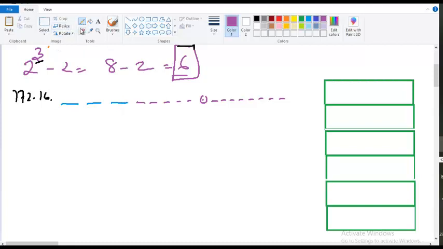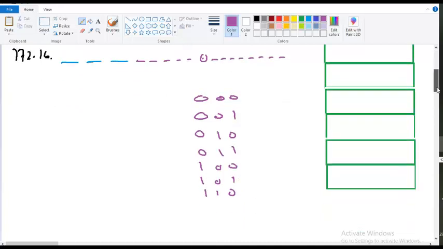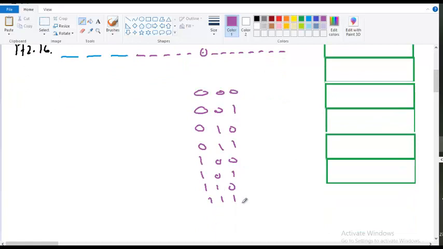Now, when you have 3 bits, what are the different combinations, probabilities? We may have all 3 bits 0, then 0 0 1, 0 1 0, 0 1 1, 1 0 0, 1 0 1, and so on.